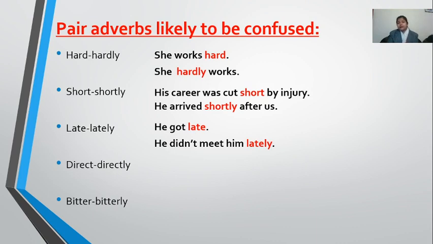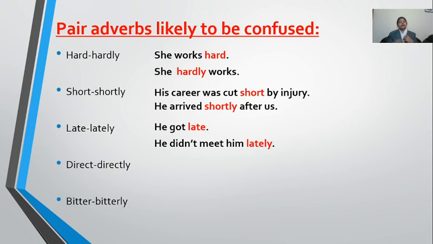Here lately means recently, close to the present time. He didn't meet him recently. So lately means recently, close in time, and late means beyond the time. He was late, he has crossed the time limit.